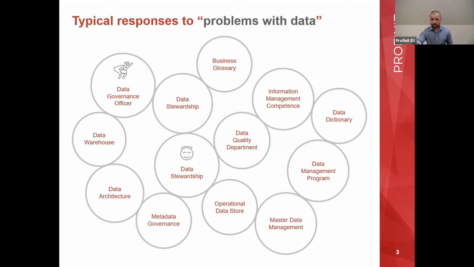So I think that in this case we can quite easily agree that the steps that are usually taken towards resolution of problems with data are at least not satisfactory, or we may say that they are too costly, they consume too much time, and they typically bring unsatisfactory results, or at least the expectations were higher at the beginning.